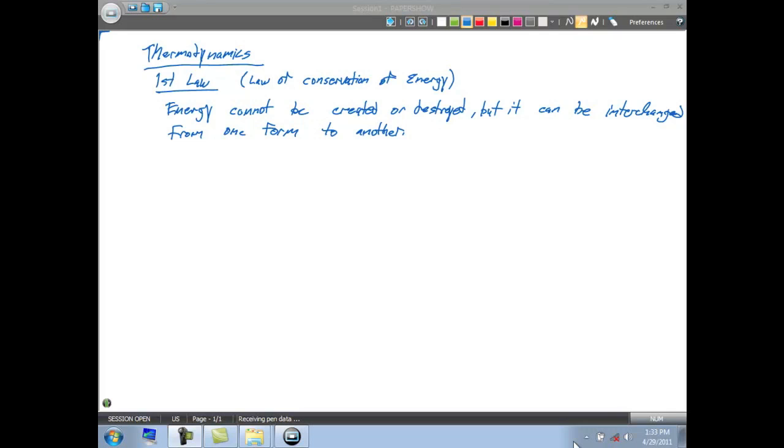So the question is, how do we take this statement, which I'm sure we've all heard before, and make this relate to what we're doing in chemistry? Typically, we see various chemical reactions, and we tell you to be able to identify what these reactions are.